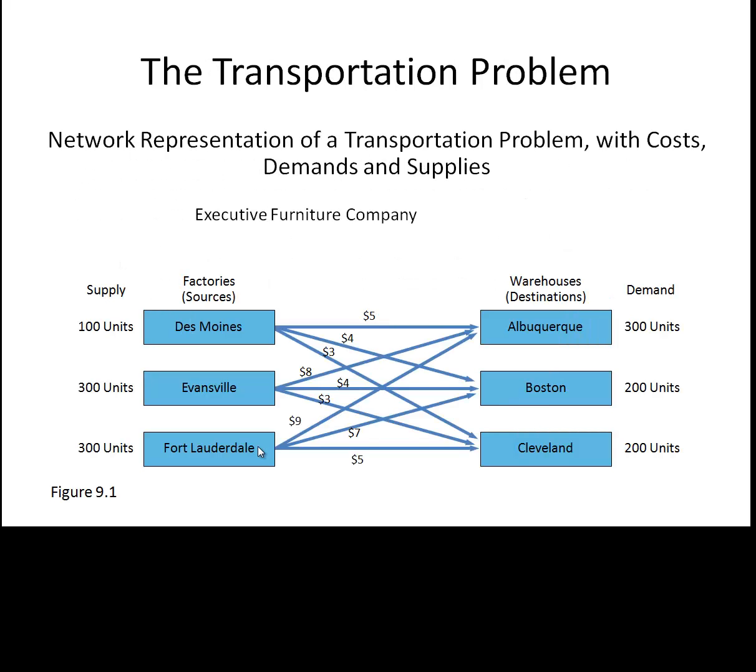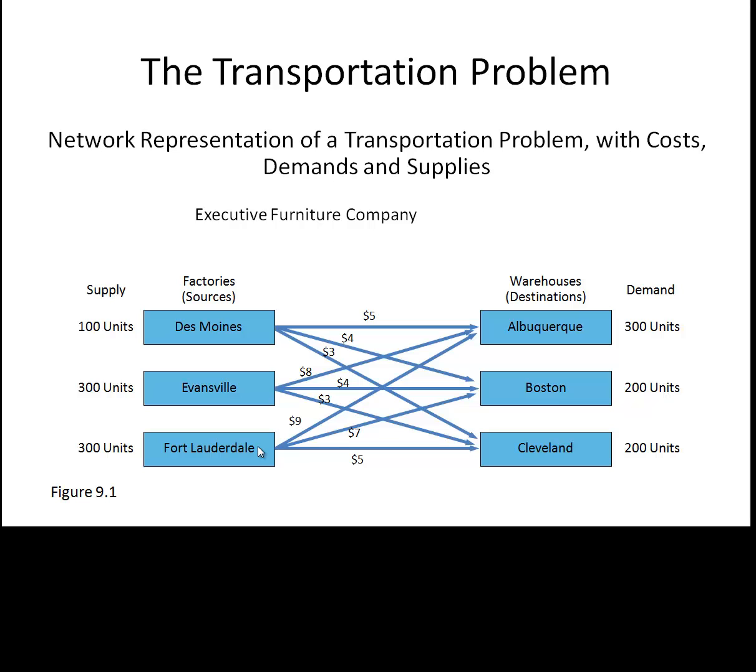Here's what it looks like. As you can see on the left-hand side, we have our sources. These are our factories, where our supplies are being made. And then on the right-hand side, we see the demand.